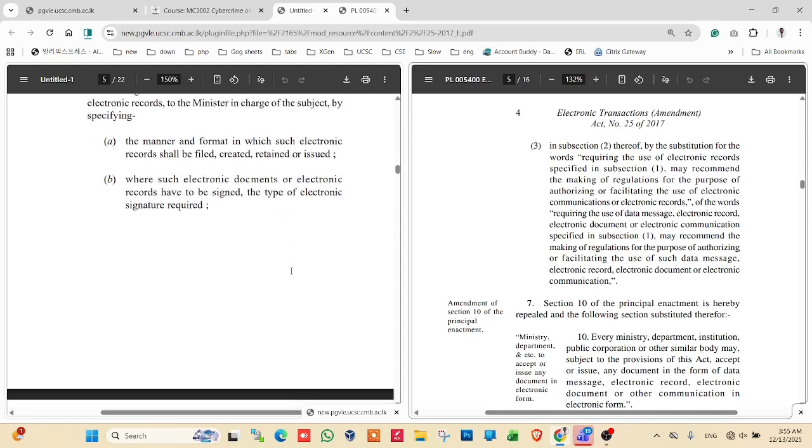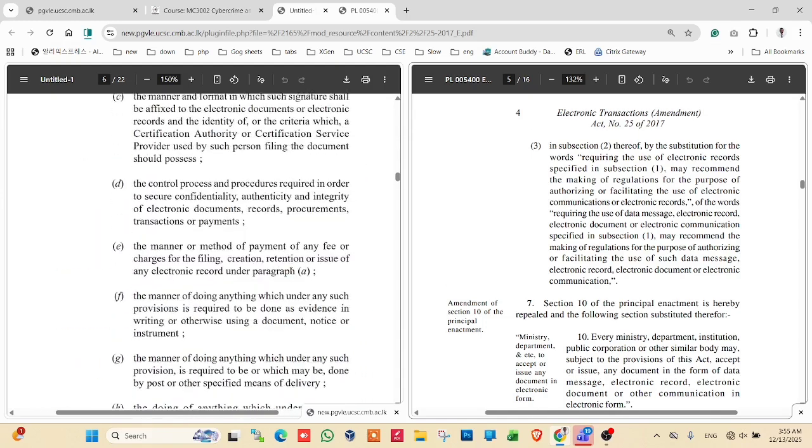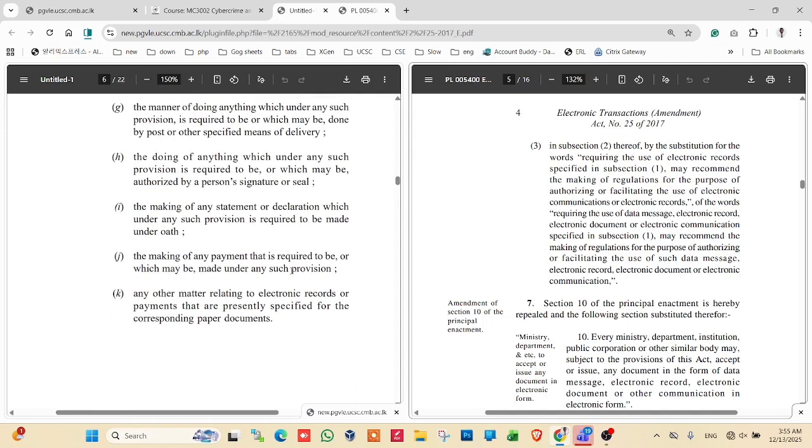So they go through, I'm not going to go through one by one, right? So it gives all the requirements in a case where you have a manual process and you can take an electronic record out of that. This is how you should do it, and these are the provisions given to you under this particular act to create electronic records and electronic retention of data.